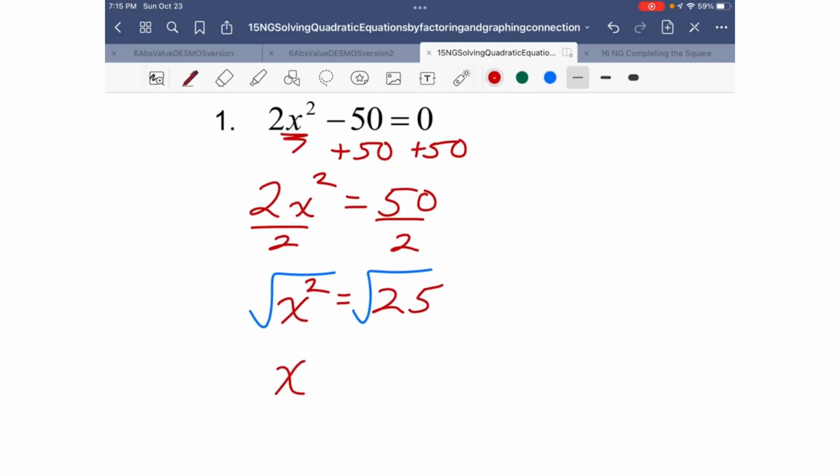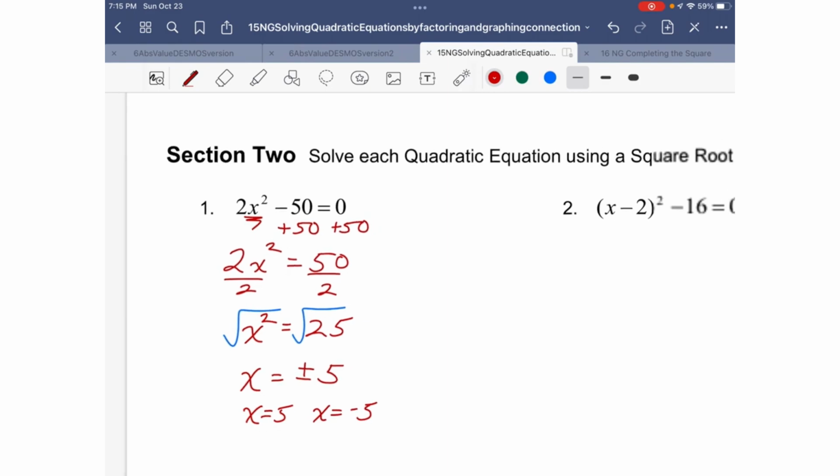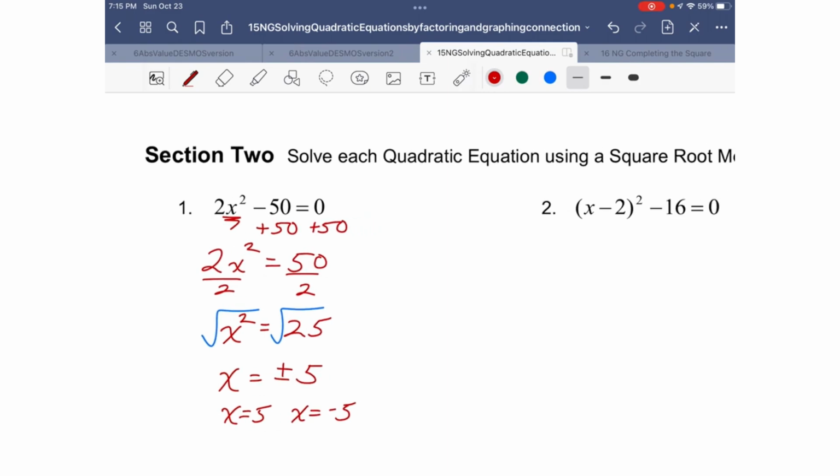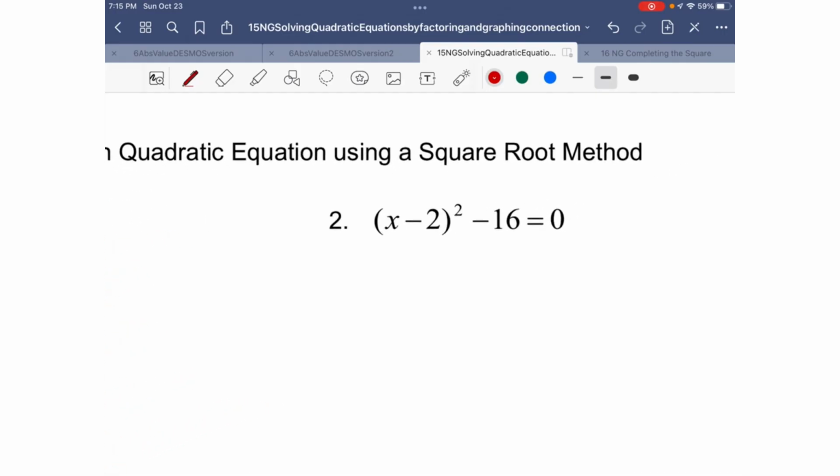Because if x squared equals 25, then I have to take the square root of both sides to end up getting my actual x. Now, when you take the square root of something, specifically when you take the square root of both sides, you always get plus or minus. You basically get like two answers, like x equals 5 and then x equals -5. But what happened here is I used more like a square root method because I could. Because there was one x in one place.